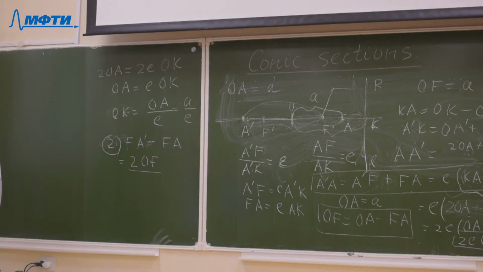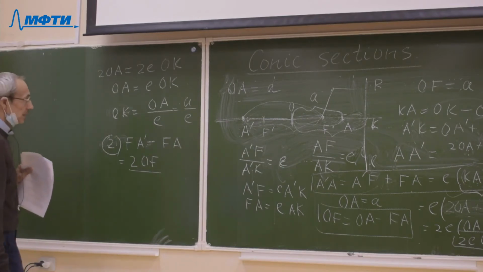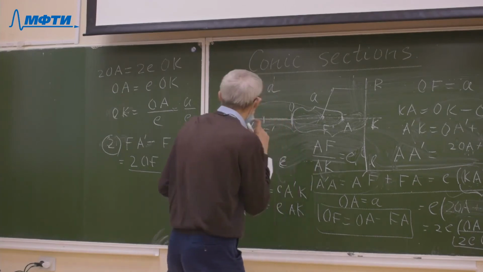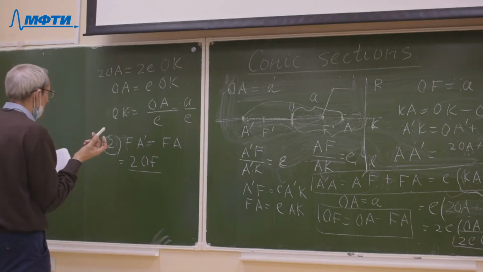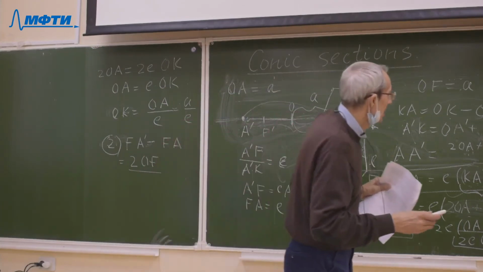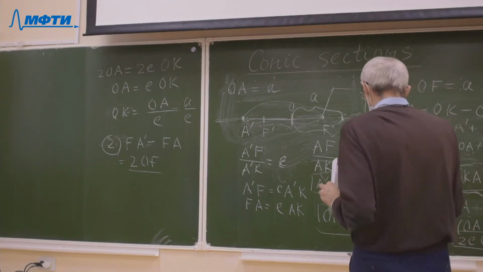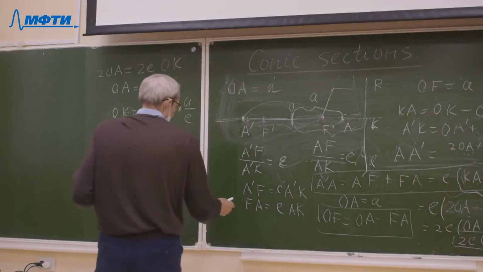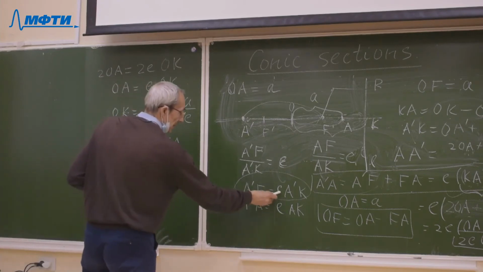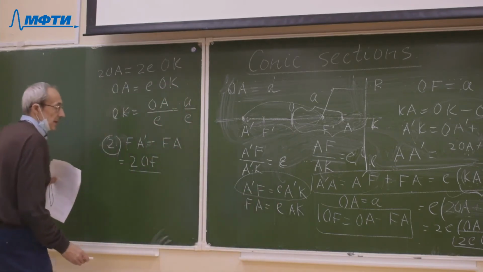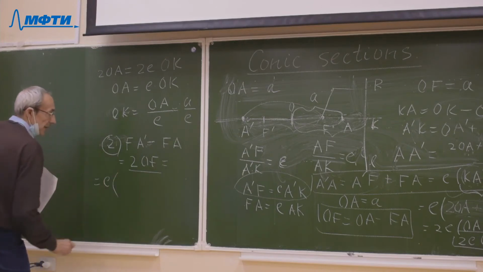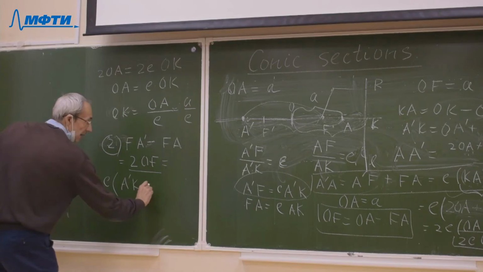And easy to see that FA prime is equal e times A prime K, and FA is e times AK, and this difference is equal e times A prime K minus AK.